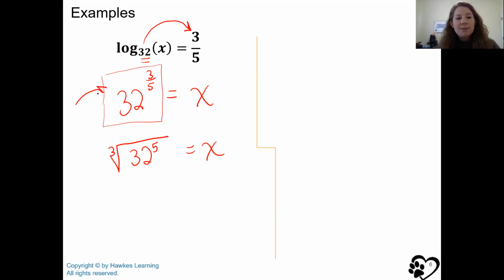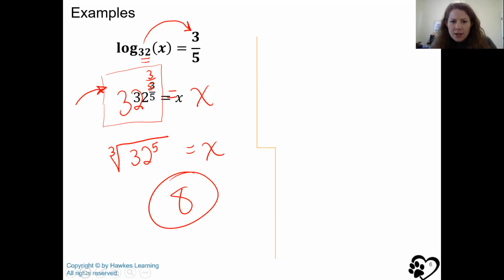But why not? Let's make it very easy on ourselves. Let's just get our 32, raise it to the power of fraction 3/5. And it tells me the answer is 8. That's what x equals. Okie dokie. Oh, I did that one for you too.